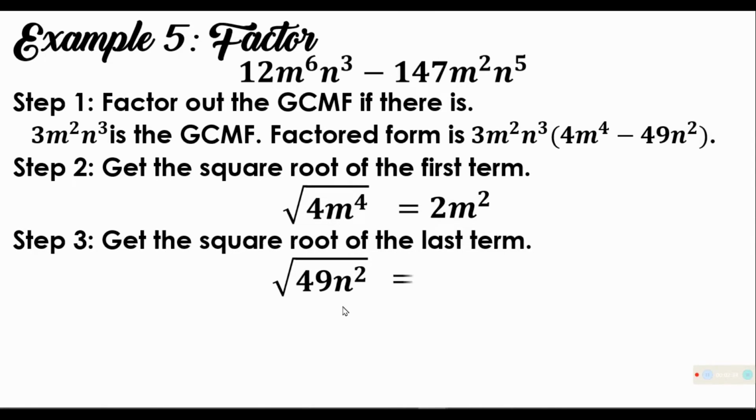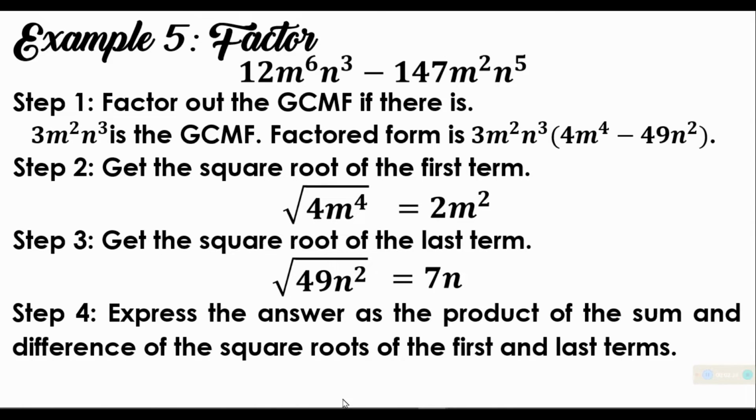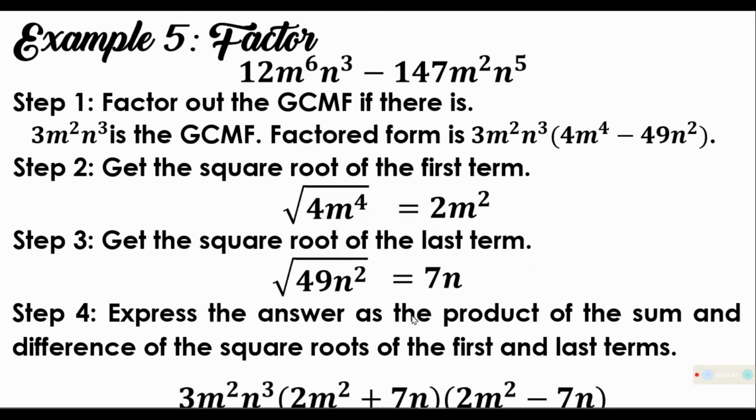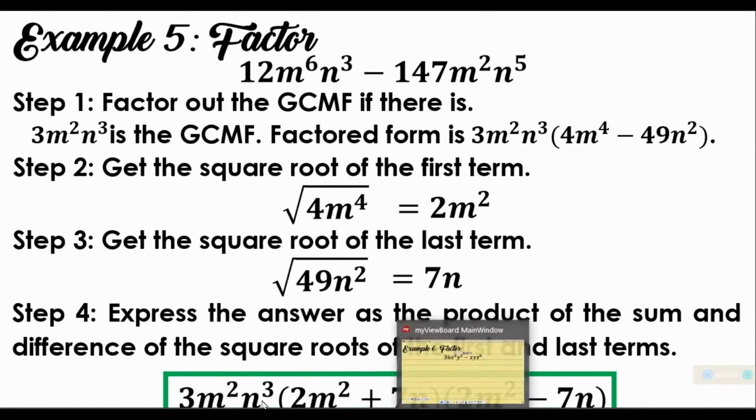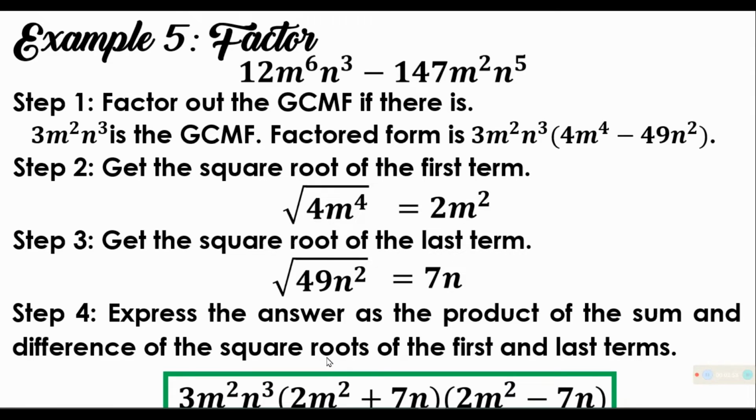That is 7n. And then, on our last step, again, bawal po itong makalimutan, we have to write the GCF or GCMF first, followed by the sum of the square roots and then the difference of the square roots. So, this will be our final answer for example number 5.